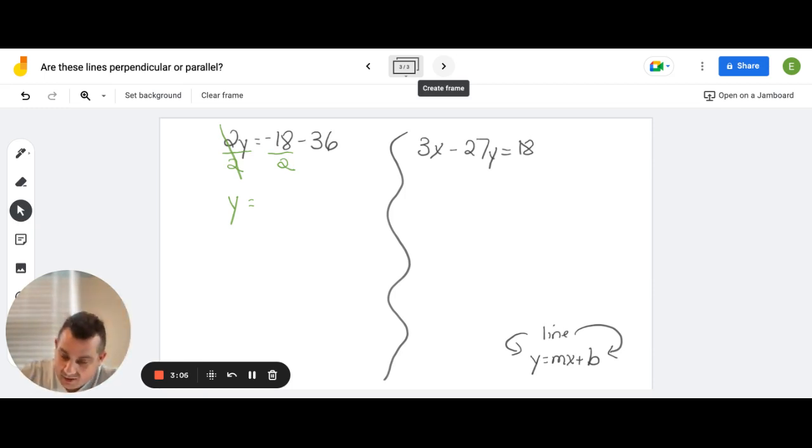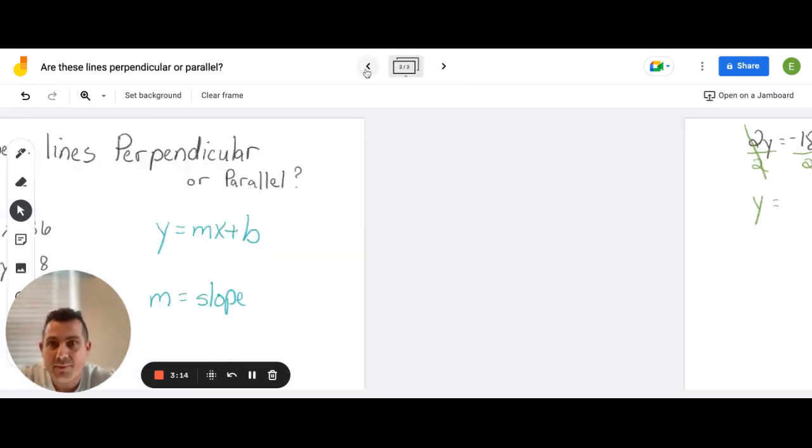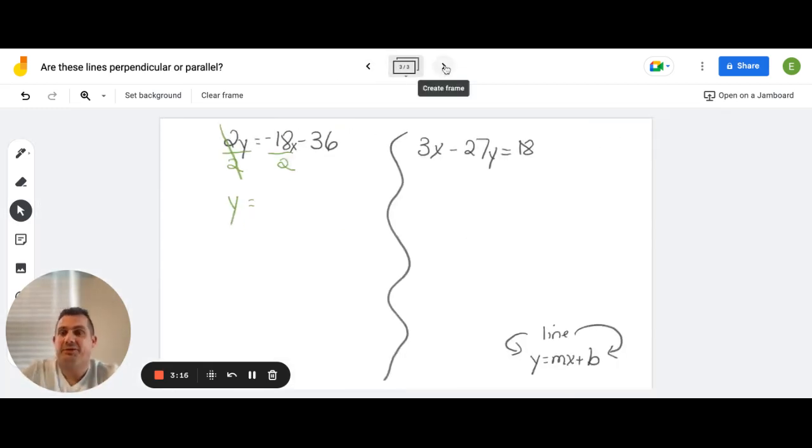And here I did not jot down, and I'm going to put it in right here, that is 18x. Yes, I had that. I just wanted to double check. And I have to divide this term by 2. So let's get going. Negative 18x divided by 2.